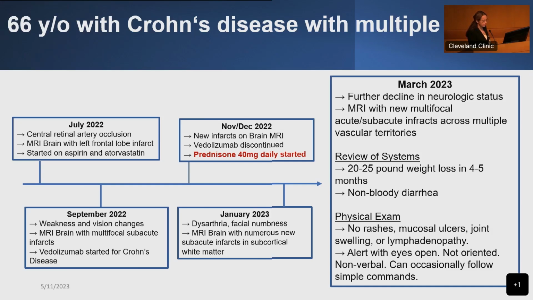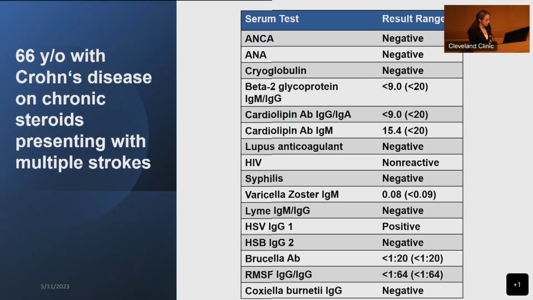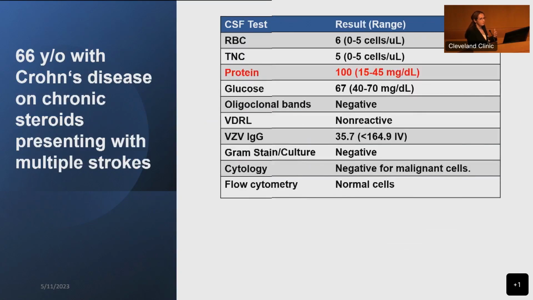And he was really nonverbal, not oriented, nothing else on the physical exam. His peripheral blood tests were negative for hypercoagulable disease, ANA, ANCA, everything was negative. The main thing was, because he was immunosuppressed, a very thorough infectious workup was performed and was negative. And looking at the CSF, we have high protein, no cells, glucose was normal, which is reassuring that this is probably not infection, but in addition to that, multiple infectious workups were negative.